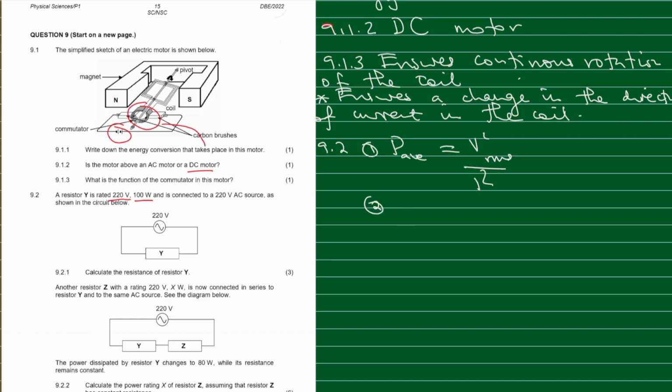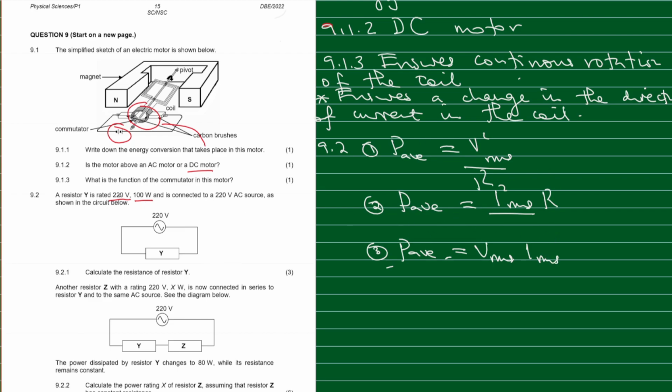The second one is P average is equal to I squared RMS times R, the resistance. And number 3, P average is equal to V RMS times I RMS. So these are the three equations.